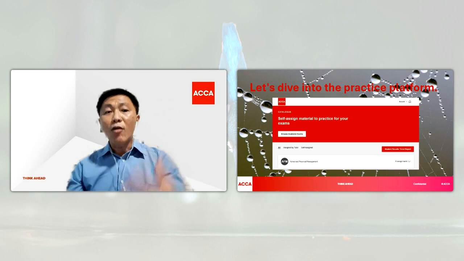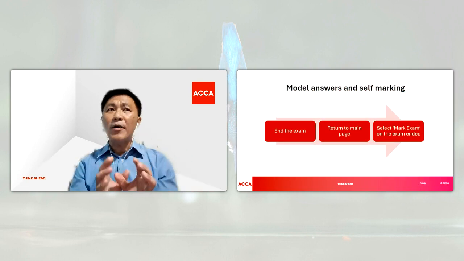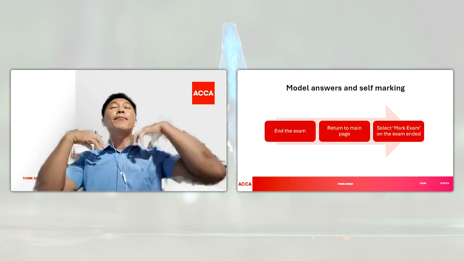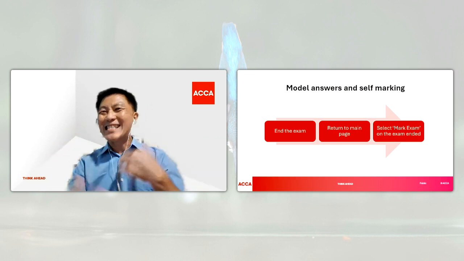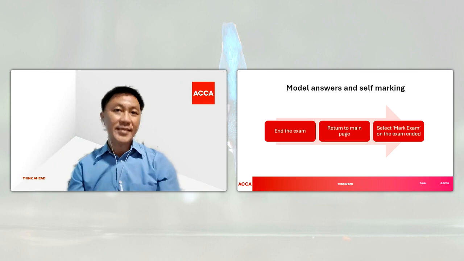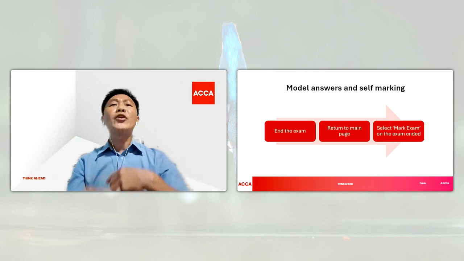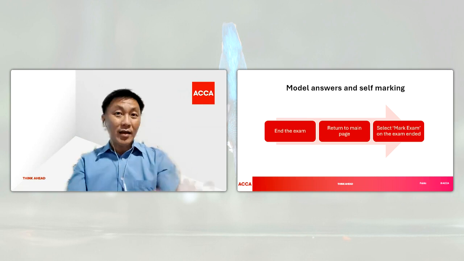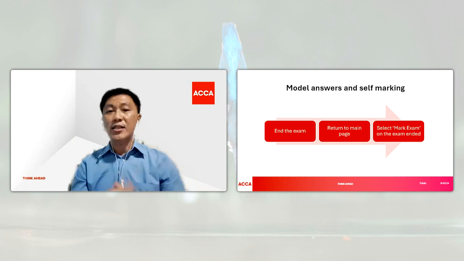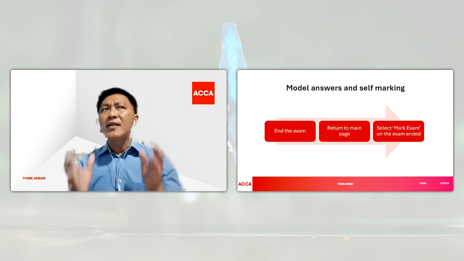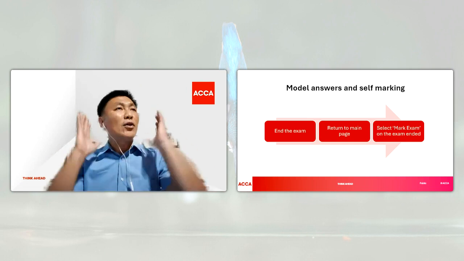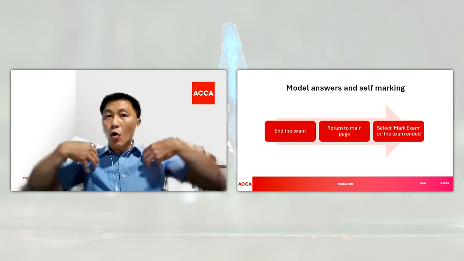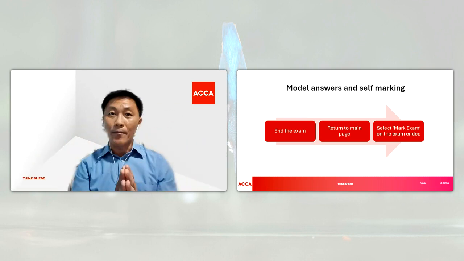Now, allow me to take you through some of the highlights that I would like to draw to your attention, particularly in the process of reviewing and assessing your own answer. In other words, how are you to mark your answer after attempting a set of questions in the practice platform? I understand some students would say, I may not want to waste too much time going through the marking process in the platform.